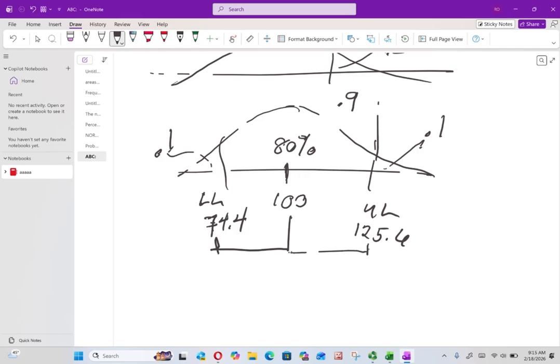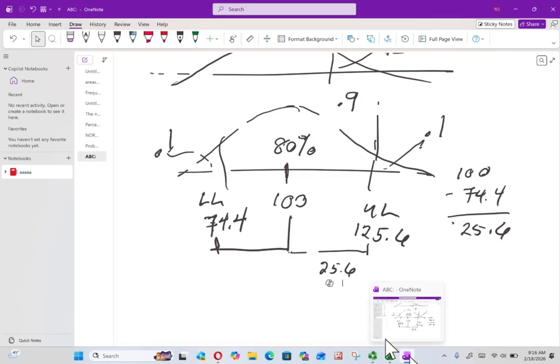So if I subtract this 74.4 from 100, I get 25.6. I add 25.6 to the 100, and I get the other end. All right, it's always symmetric. All the bets in statistics are symmetric. The normal distribution is symmetric, so that's the way it goes.